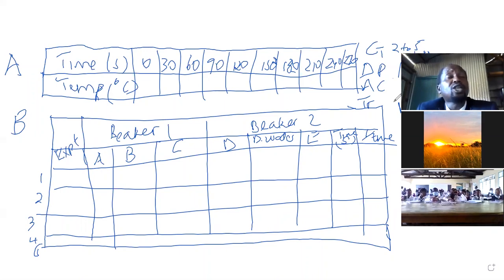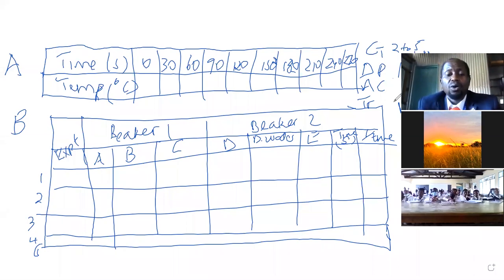Now, for a candidate to score on accuracy, his or her values must be within plus or minus 2 degrees Celsius of the teacher's value for temperature readings that are being compared, or plus or minus 2 seconds for time readings, where time is the one being compared.